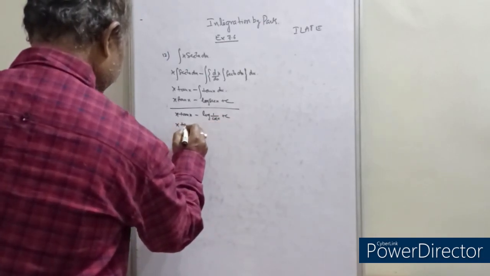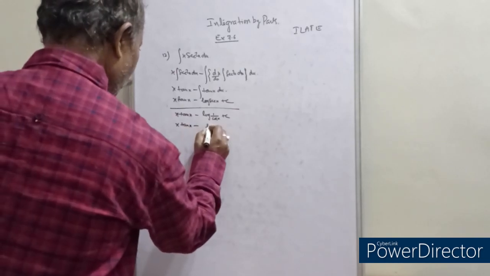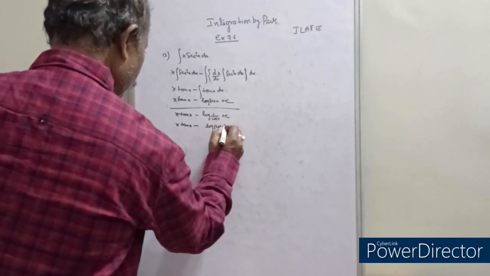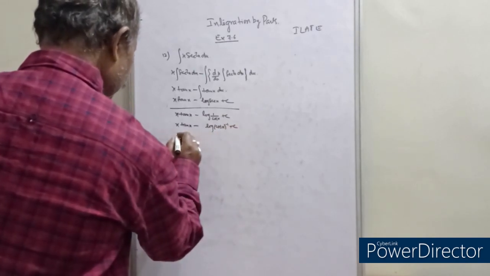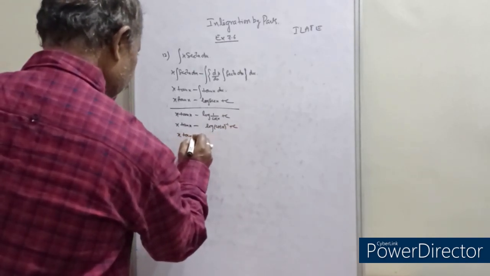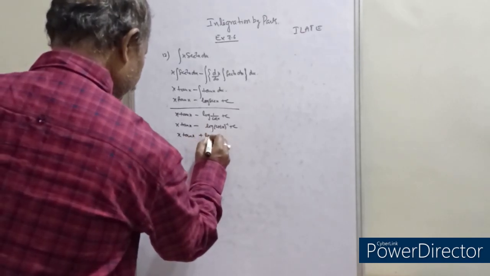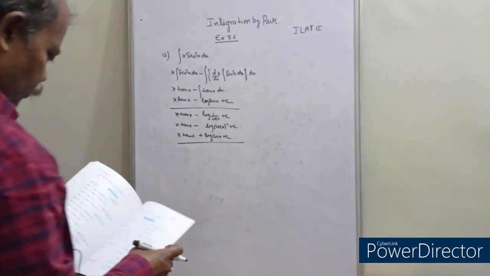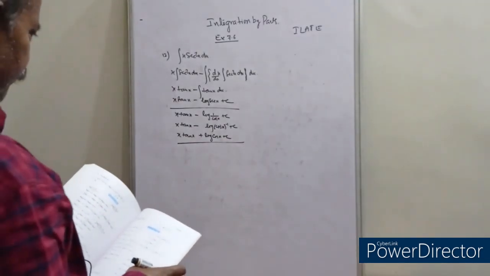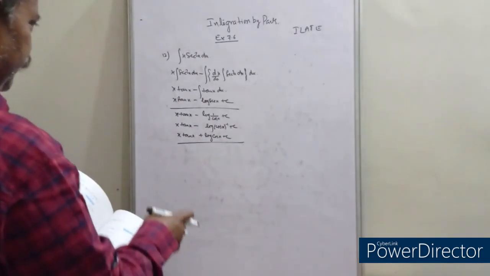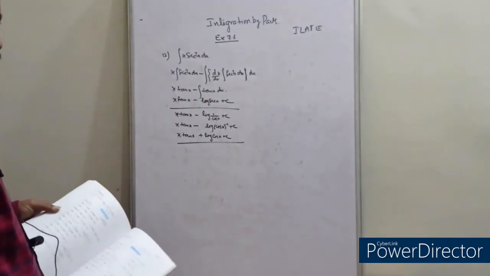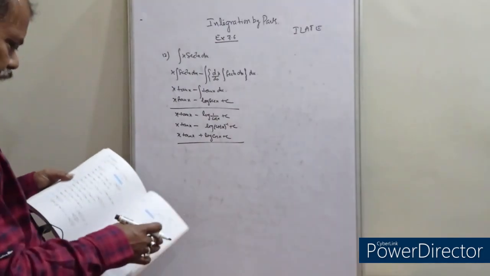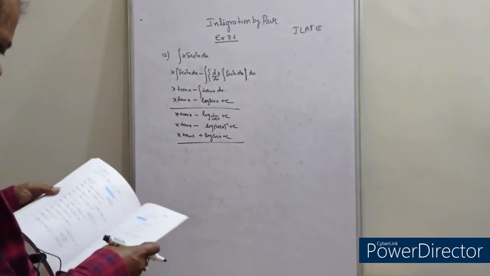So x tan x minus log cos x to the power of minus 1 plus c. So this will be x tan x and this will be plus log cos x plus c. This can be manipulated. So further simplification has been done, and the answer is correct.